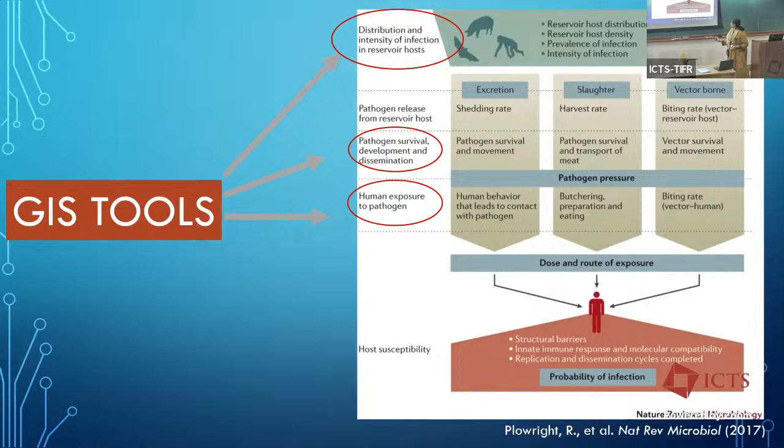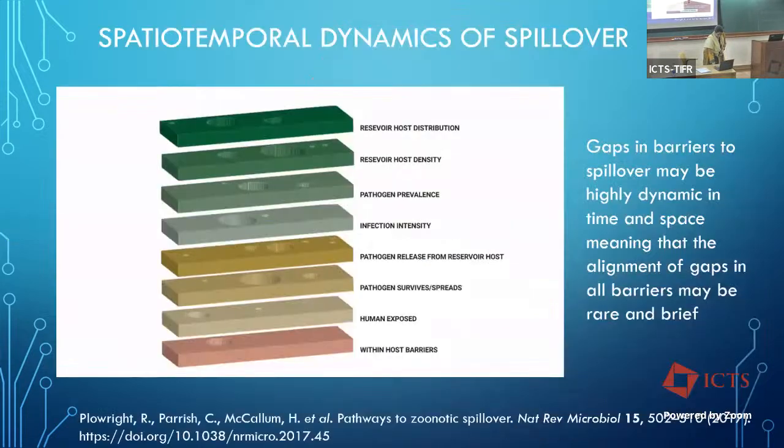The gap here is I'm not aware of any GIS applications at this level within the host barrier as yet, but if any of you have come across anything, that would be really interesting to hear about. Yeah? But as you can see, there are many places where GIS can come in.